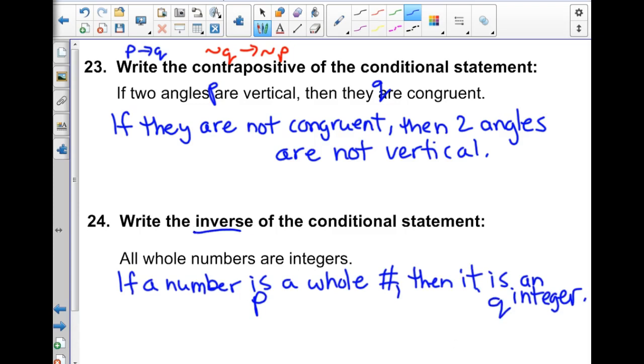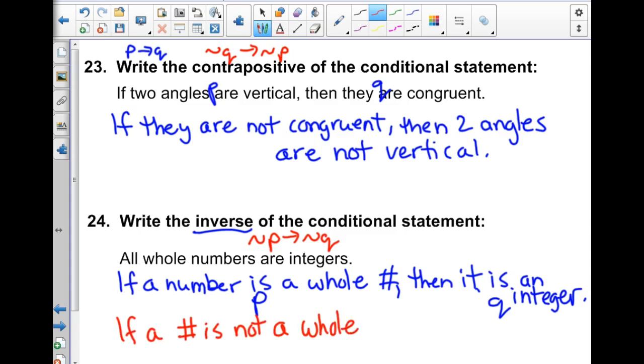We want to write the inverse. The inverse negates the hypothesis and the conclusion. It's not P then not Q. So we're going to write, if a number is not a whole number, then it is not an integer.